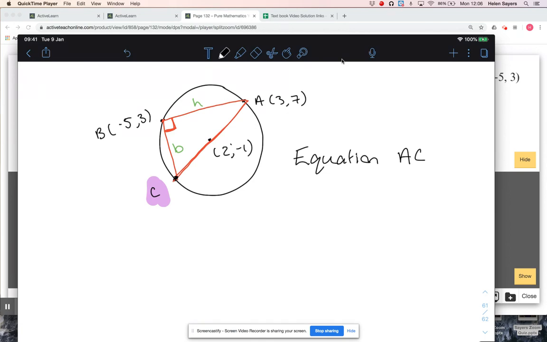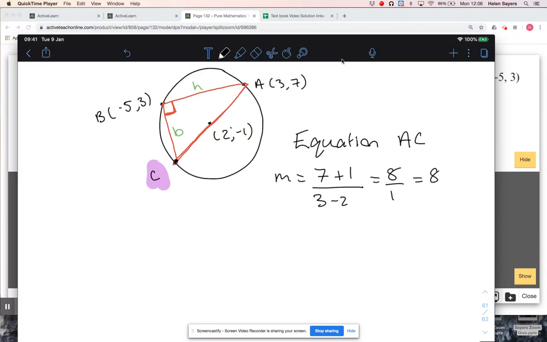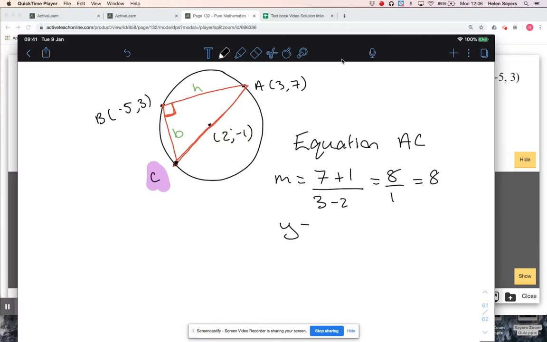So if I use those, the gradient of that line is change in y, so 7 minus -1, over 3 minus 2, so that's 8 over 1, so that's 8. I've got the gradient of it. If I then use y minus y1 is m times x minus x1, and I'll use coordinate A just because it hasn't got any negatives, y minus 7 is the gradient times x minus 3.